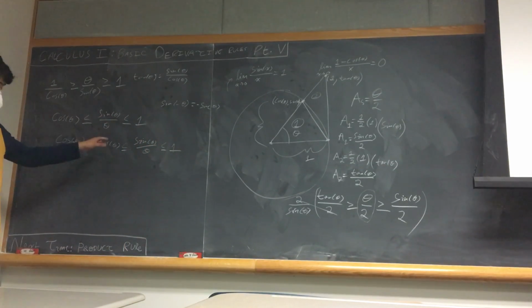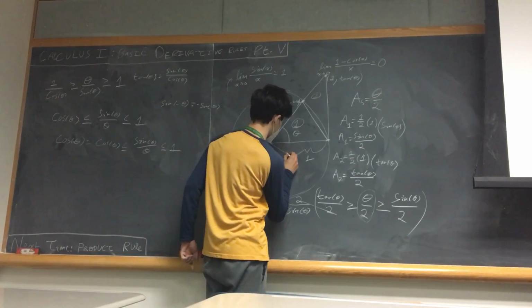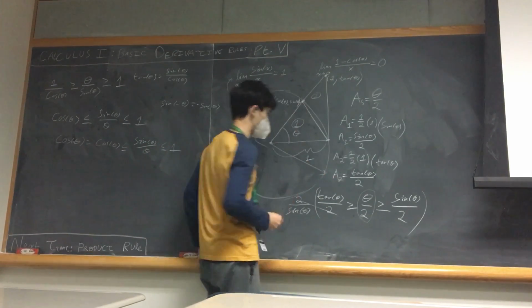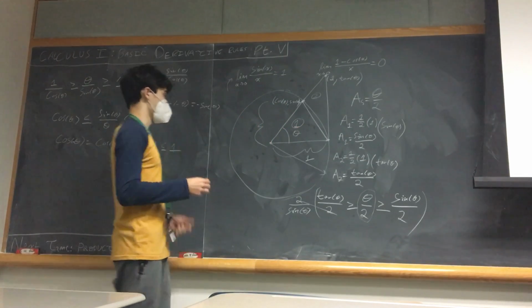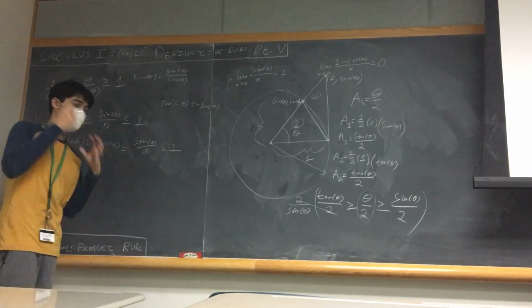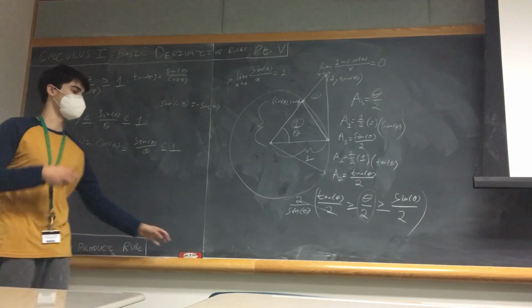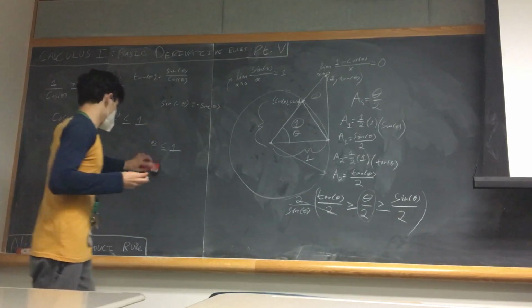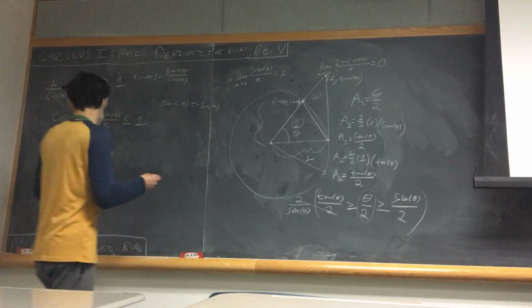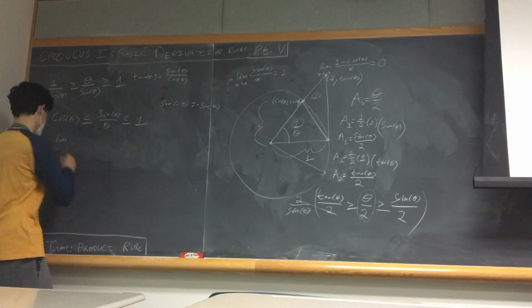So this works, let's say we were to draw this here as well. It will still work. So it does work within a certain range from a negative theta to a positive theta, which is exactly what we want it to do. So now we can take the limit of each of these as theta approaches 0.